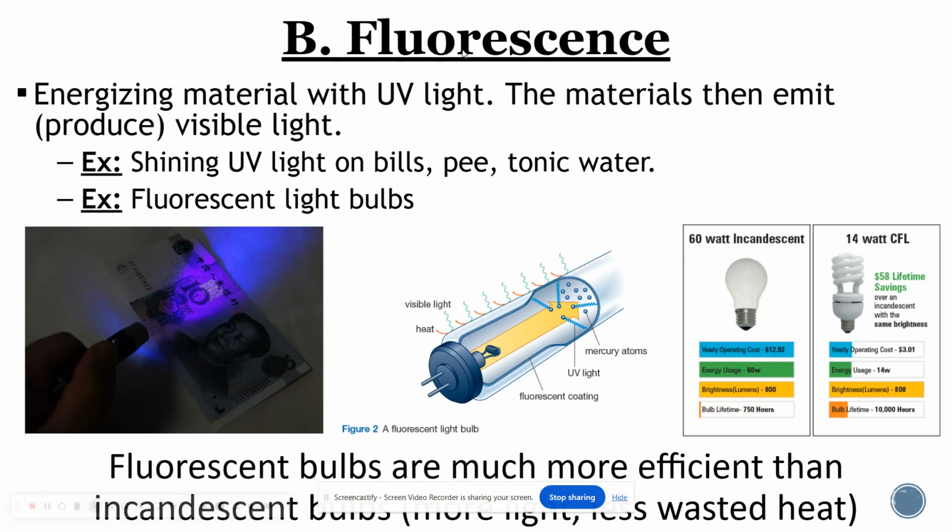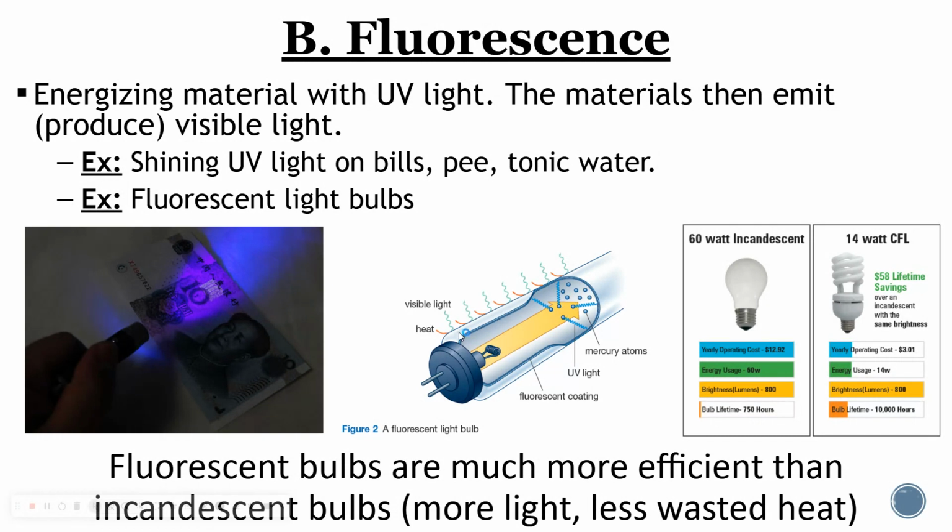Then we have fluorescence. Fluorescence is another method of light production, and so we'll take a look at how that works here. This is a fluorescent light bulb. You can often see these fluorescent light bulbs in the ceiling at your school. Those long tubes.